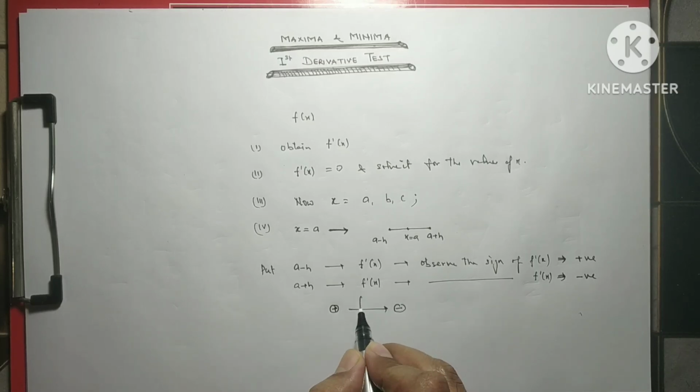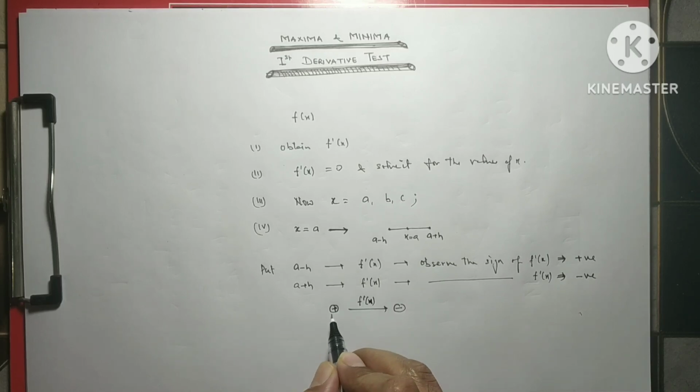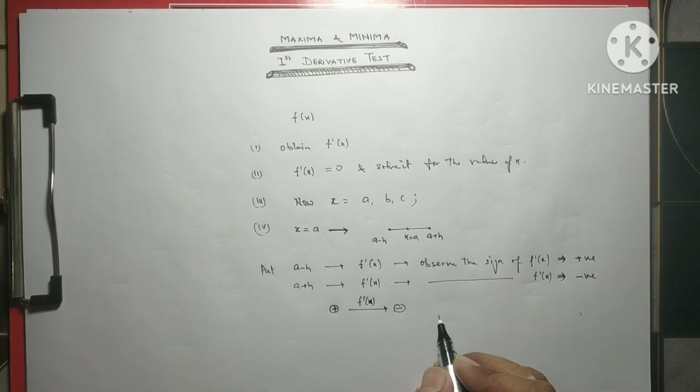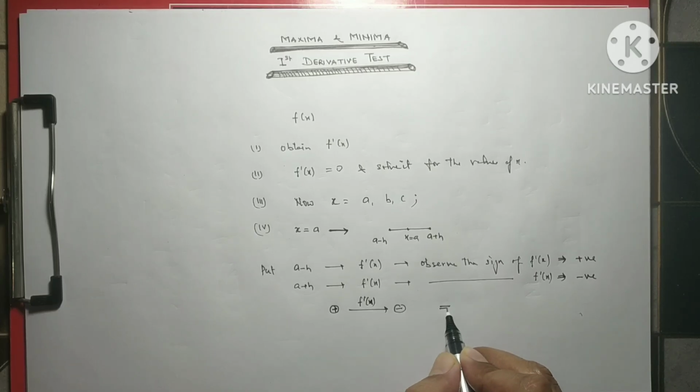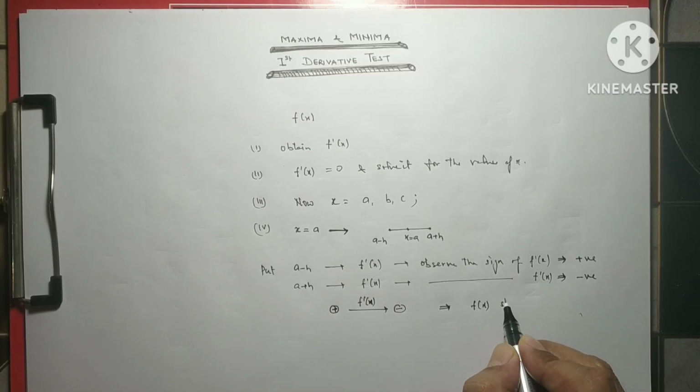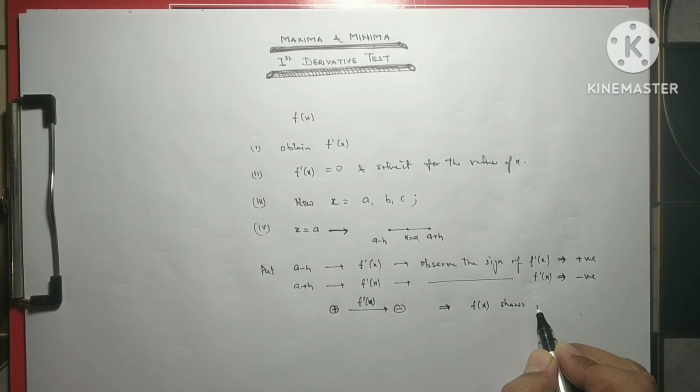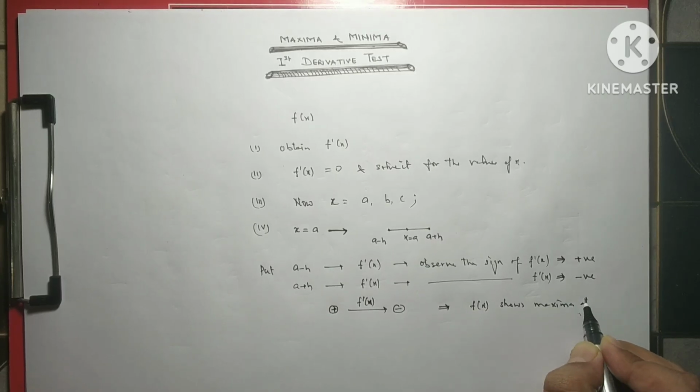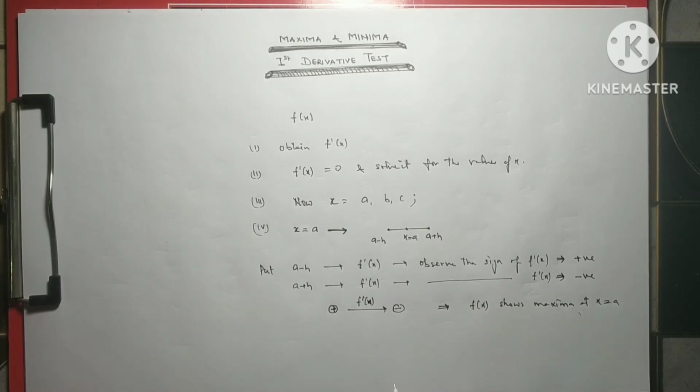If the f dash x value changes from positive to negative, that means the function shows maxima at x equals to a.